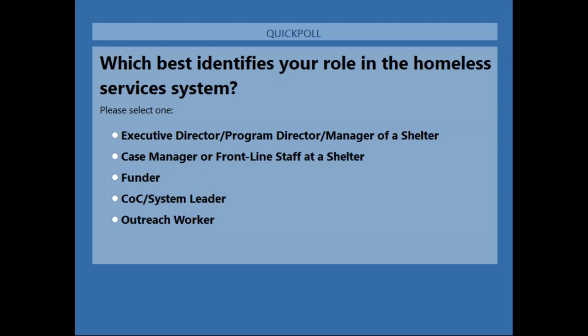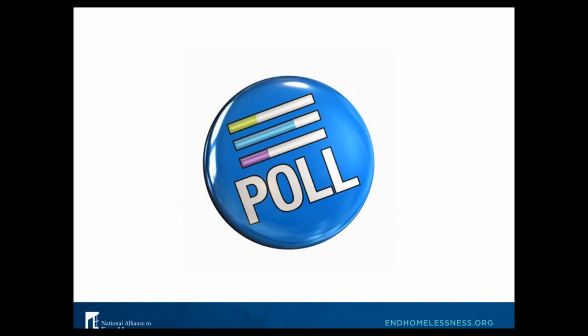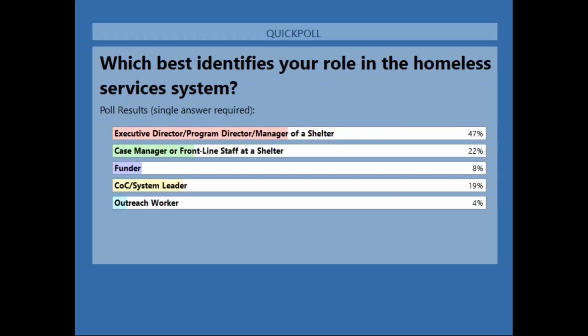Getting a great response so far. We have about 60% of you who have voted, so I'm going to leave this open for just another minute. All right, I'm going to close this, and let's take a look and see what the responses are.